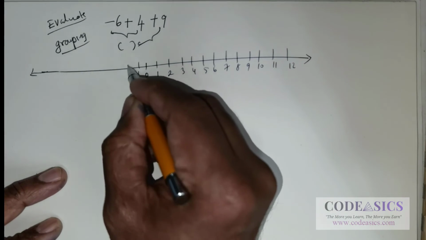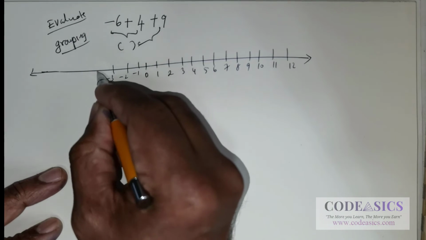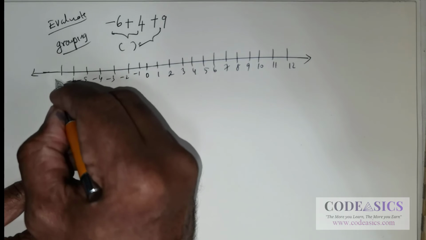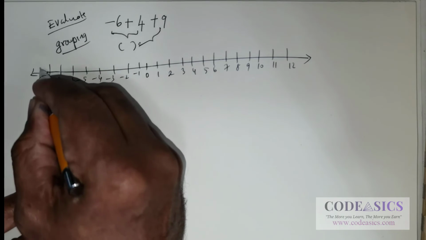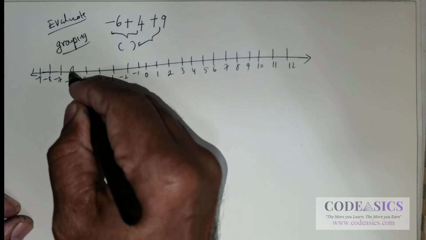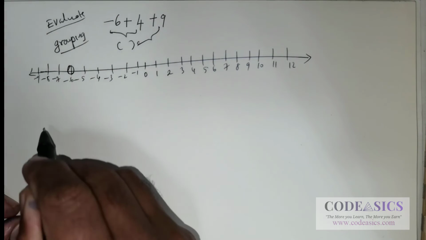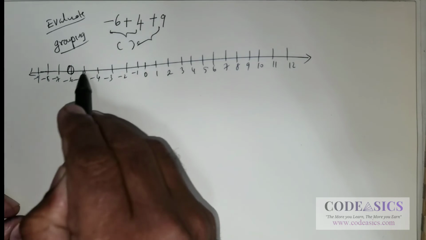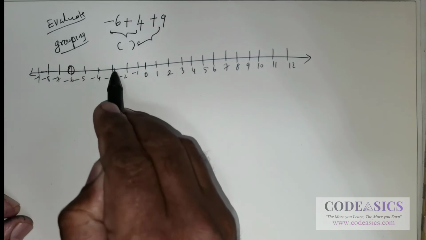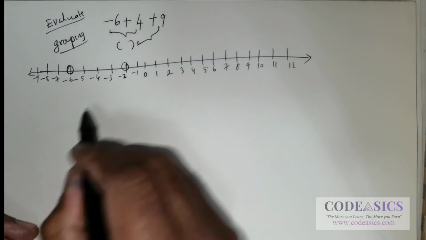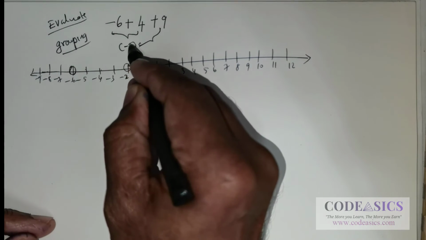On the left, negative 1, negative 2, negative 3, negative 4, negative 5, and so on. It goes on. We have negative 6, so look for negative 6 first. So this is negative 6. From here we are adding 4 units, so we have to move towards the right. Count 4: 1, 2, 3, 4. So we are at negative 2. So we have got negative 2 here.